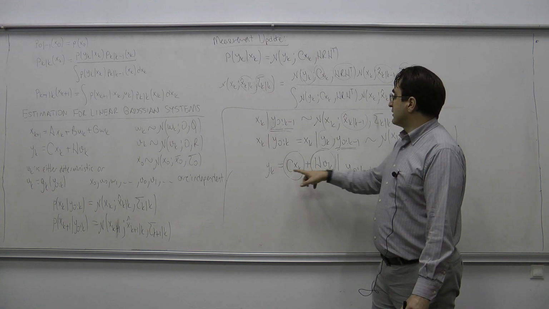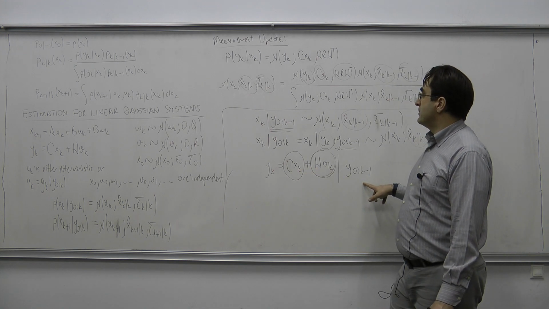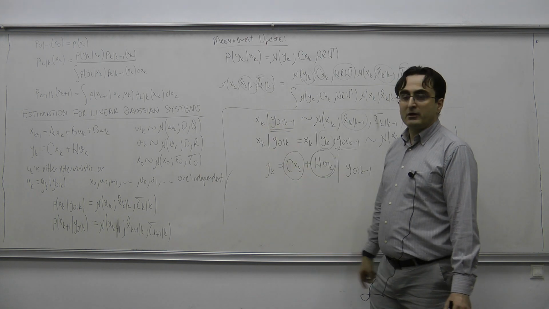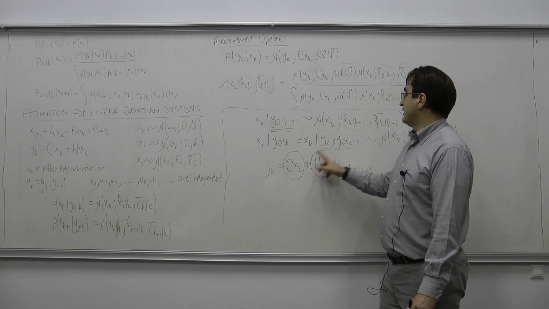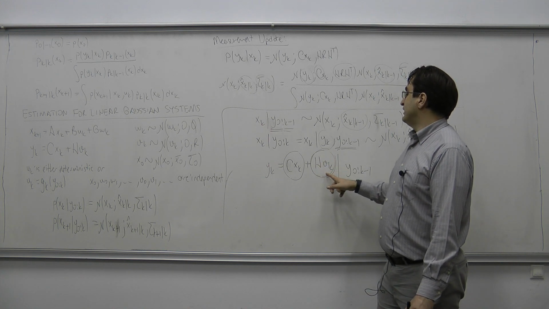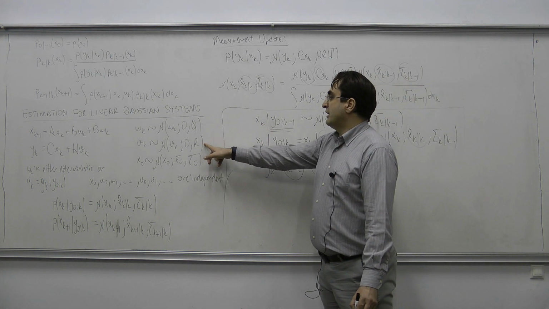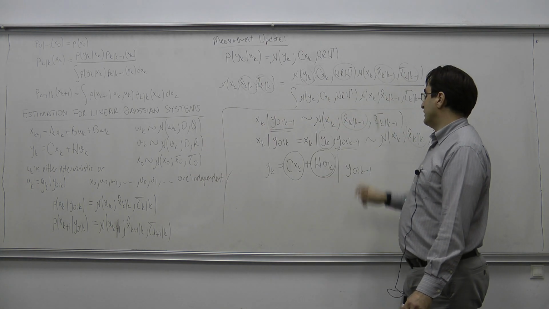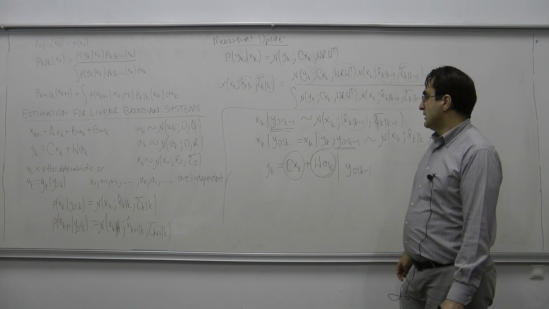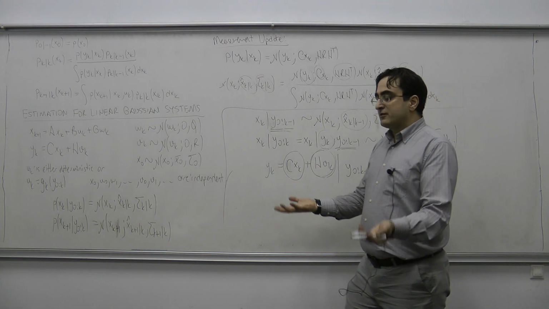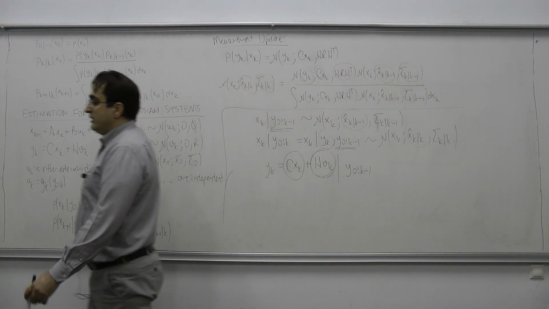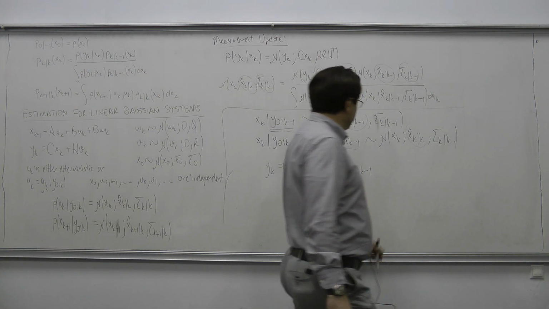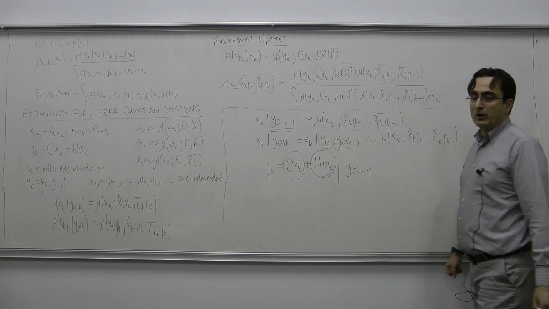And I know that these are Gaussian given y0:k-1. Because xk is Gaussian, Cxk is going to be Gaussian. And Hvk is Gaussian because vk is distributed like this, and vk is independent of y0:k-1. So yk is nothing but the summation of two independent Gaussian random vectors given y0:k-1.